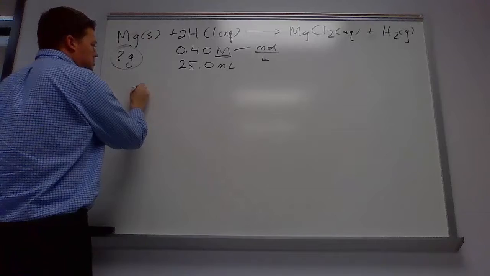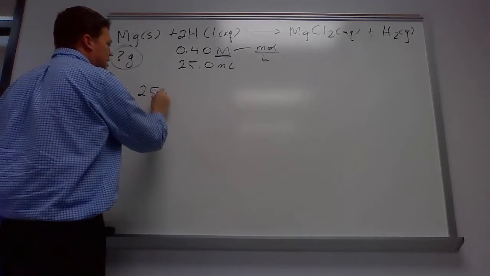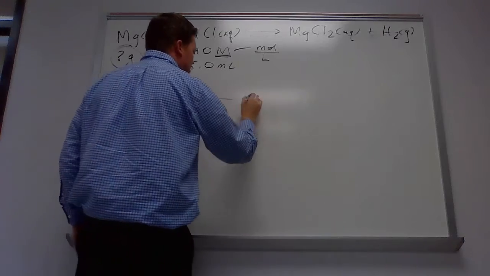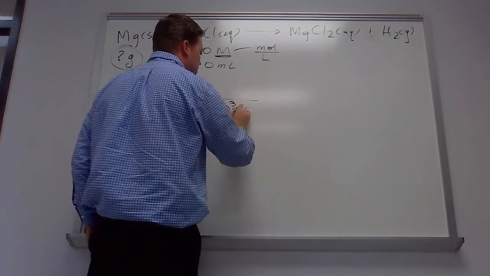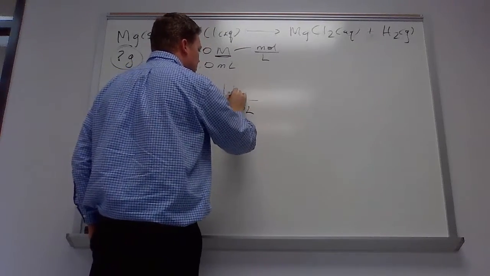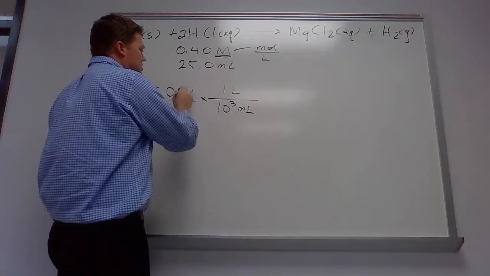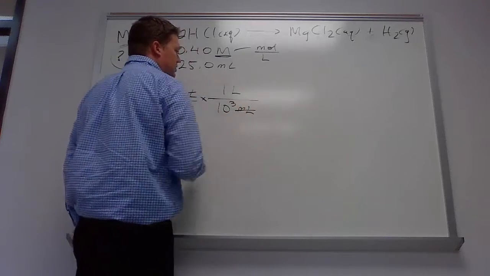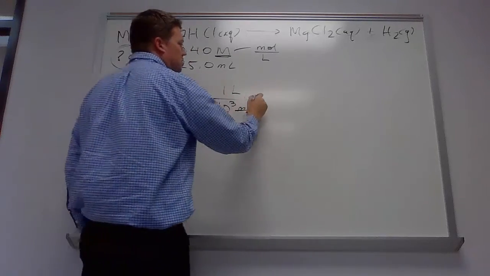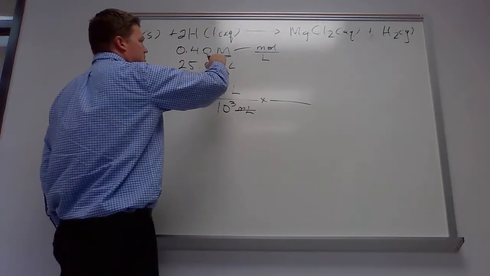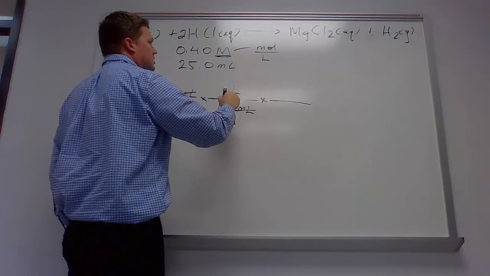And we can do that as follows. We have the milliliters. We're going to first find the liters. And now that we know the liters of hydrochloric acid that we're using, we're going to use the molarity as a conversion factor, right?